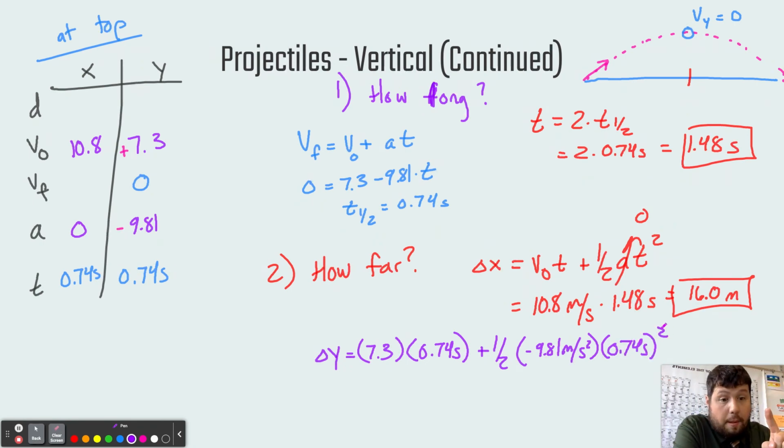Now I'm using the half time, the 0.74, because if I want to know how far up it goes, I need to find that right at the place where it reaches the top. If you plugged in the 1.48, you'd find the change in y would be 0, which makes sense, because once it gets to the end, it is exactly at the height that it left the ground at. So we plug this in our calculator. 7.3 times 0.74 plus 1/2 times negative 9.81, so that'll end up being subtracted, and then times 0.74 squared, and I end up getting the change in the y, so how high to the top, is 2.7 meters.